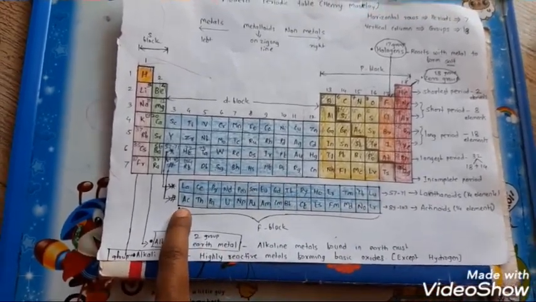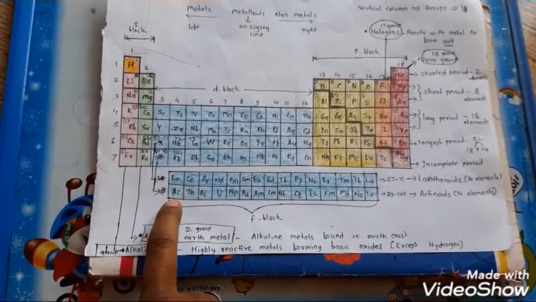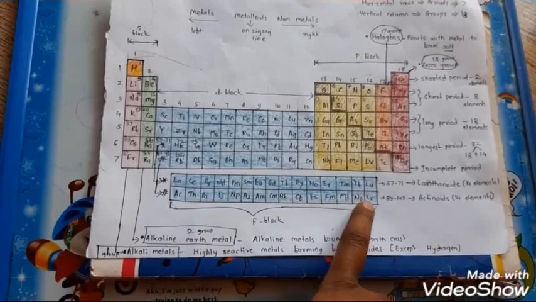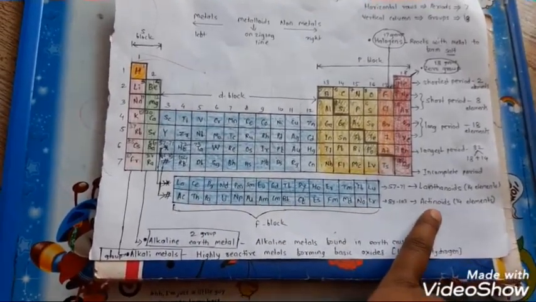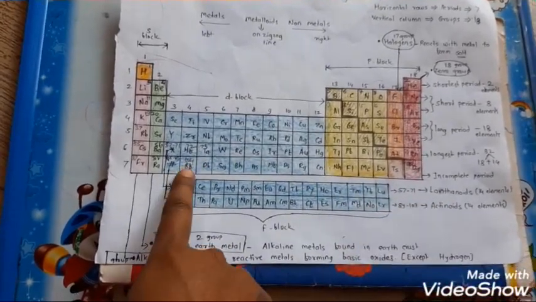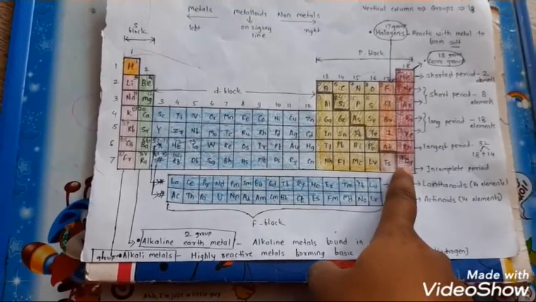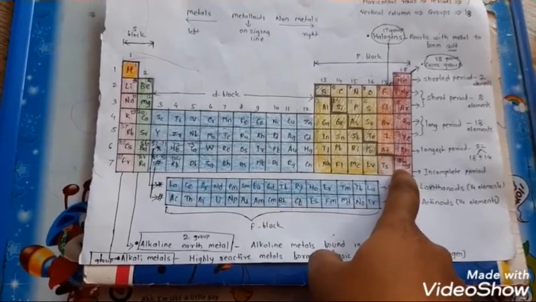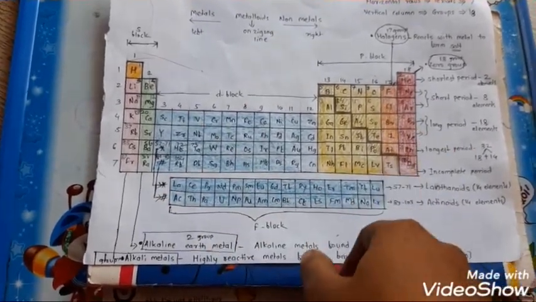The first element of the second row is actinium, and all these 14 elements show properties similar to actinium. That's why this series is called actinoids. After the 103rd element, 104 and up to the last, 118. In this way, a total of 118 discovered elements are filled in this periodic table.